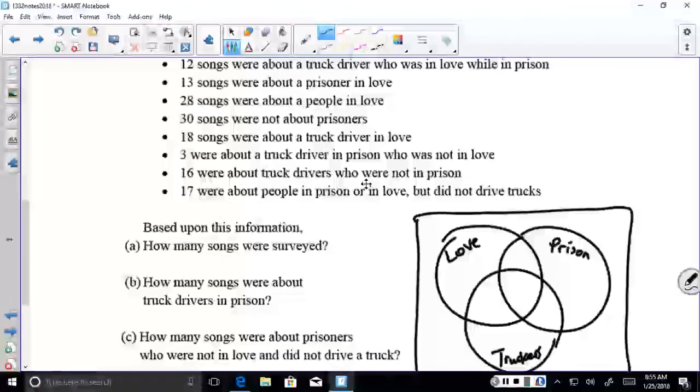It says 12 songs were about a truck driver who was in love while in prison. Don't read it all like that. Read it slowly. 12 songs were about a truck driver. So we've narrowed it down to these 4. Who was in love? So from these 4, we've narrowed it down to these 2 while in prison. So out of these 2, we've narrowed it down to this 1. Oh, but I need to do 12. Sorry.